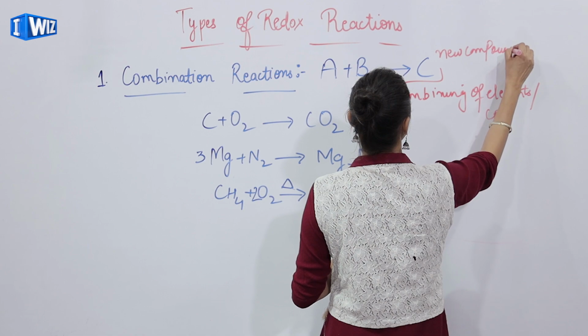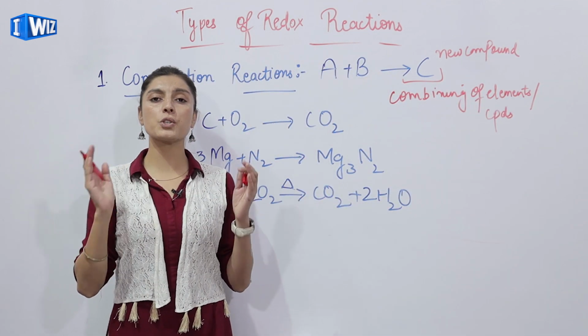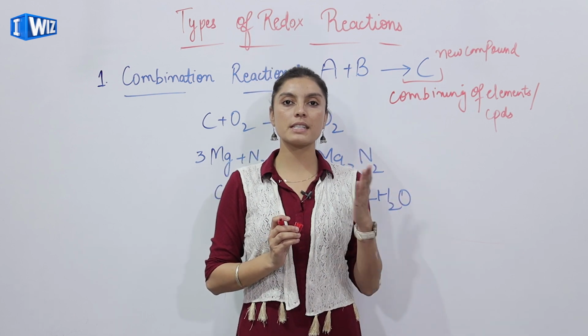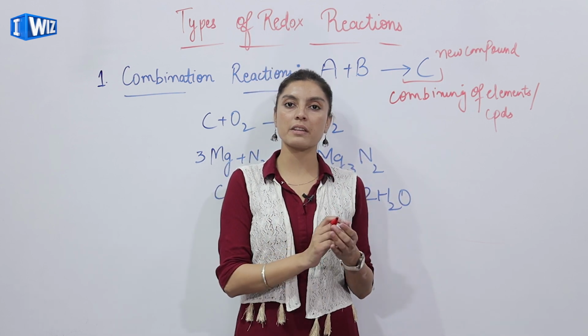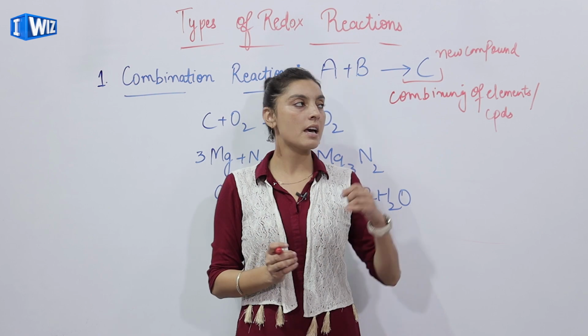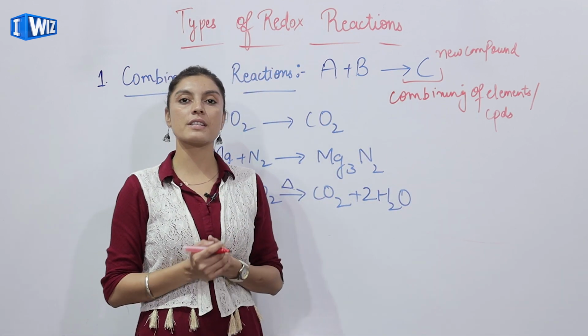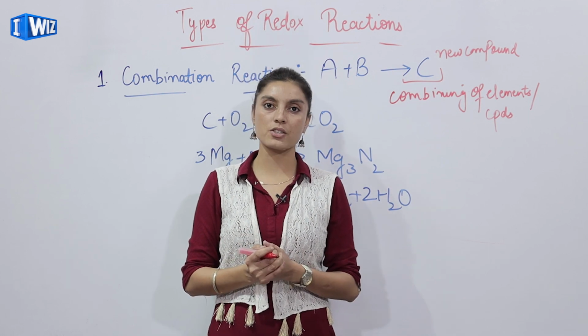That is said to be combination reactions. Whenever there are the two elements or the two compounds combining together under certain set of the conditions of temperature and the pressure or the other conditions, they lead to the formation of a new compound, and such kind of the reactions, they are said to be combination reactions.